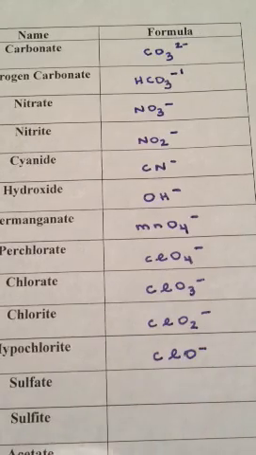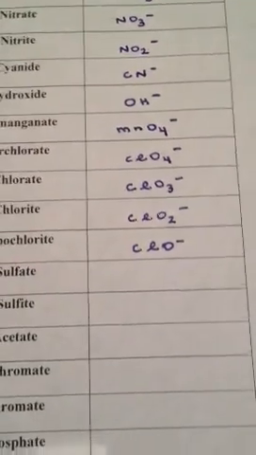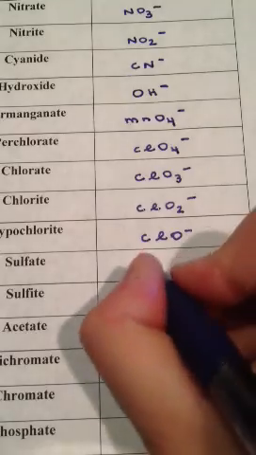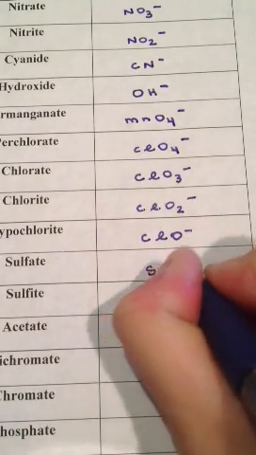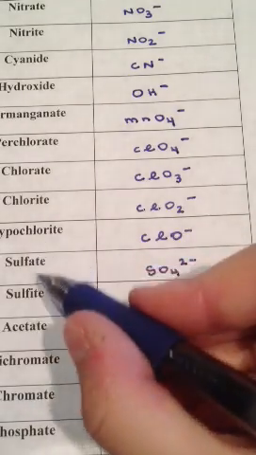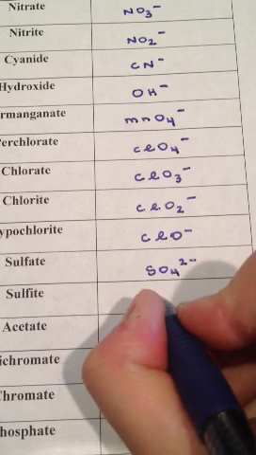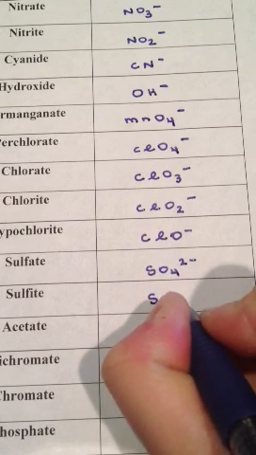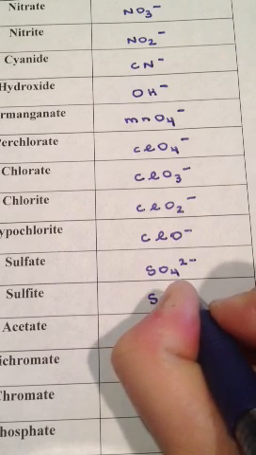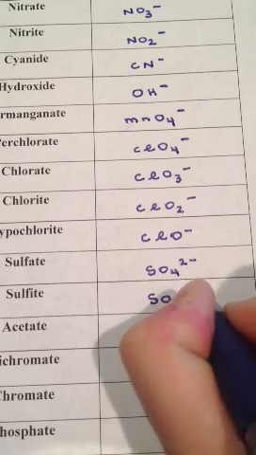Okay. We're almost done. Sulfate, SO4, 2 minus. The only difference between ate and ite is your number of oxygens. So sulfite has SO3. You just took away 1 oxygen, but it still has a 2- charge.